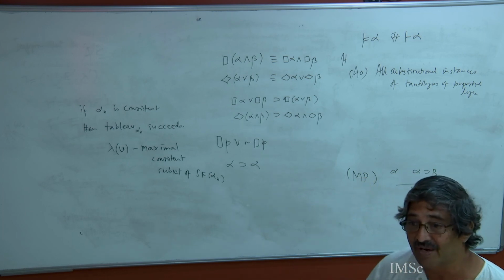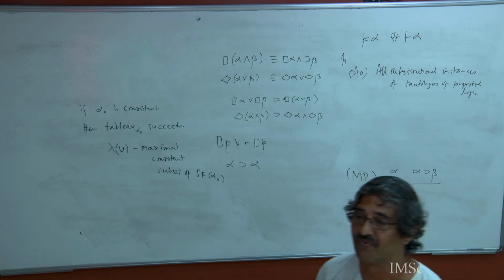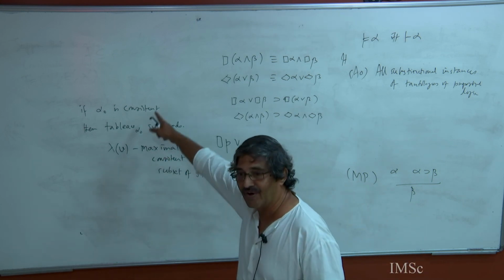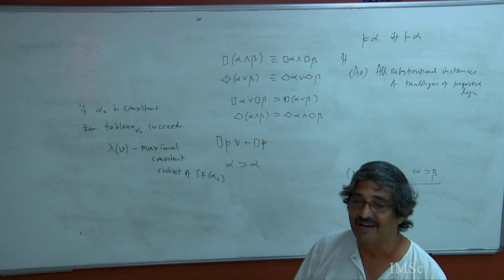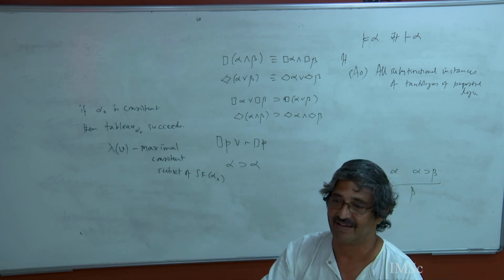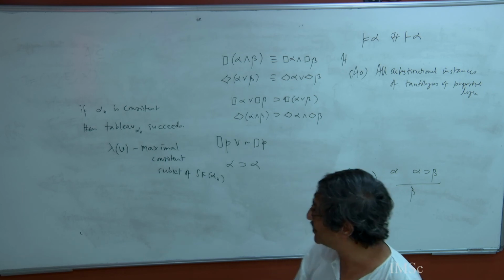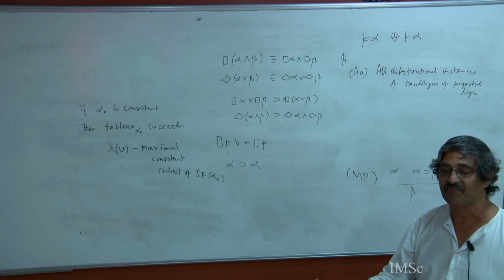So in fact, what is very nice is that when we complete this, we get not only a completeness proof, but also a decidability proof, right? Because we are showing if alpha naught is consistent, then it has a model which is a finite tree model, right? So that shows that alpha naught, if consistent, is satisfiable in a bounded size model.